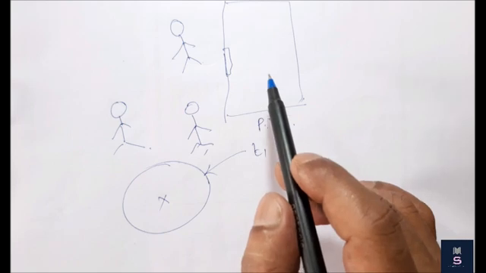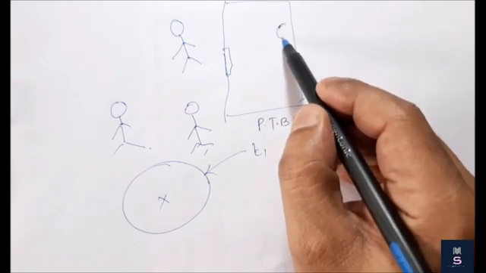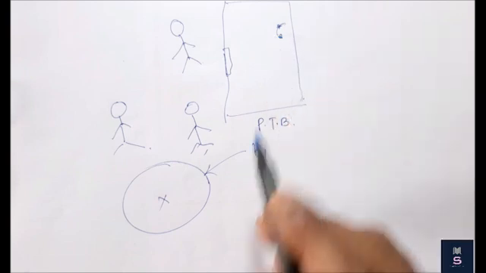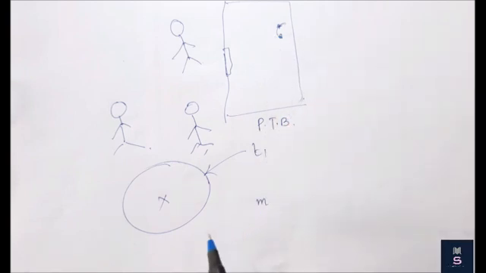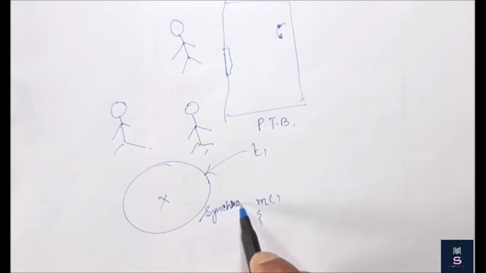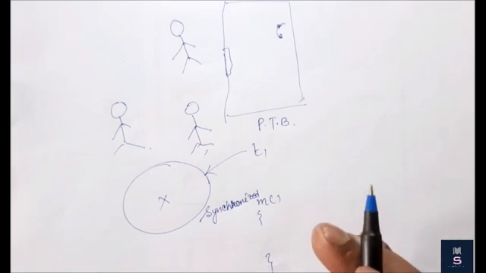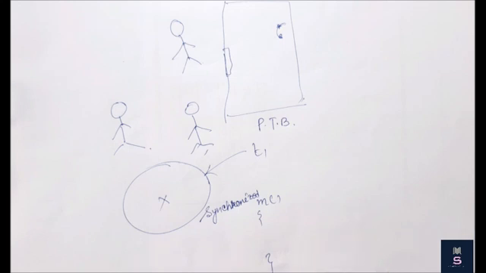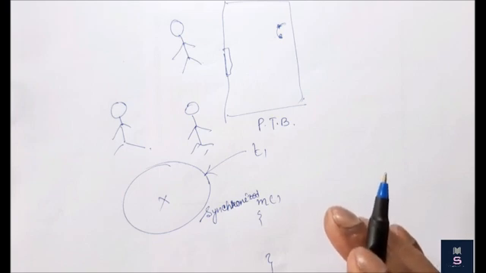So, if I compare with this telephone booth, suppose this is one of my methods, M, and if somebody wants to access this method, we have to use the synchronized keyword. Synchronized M. So, internally the synchronization concept is implemented by using this lock concept.